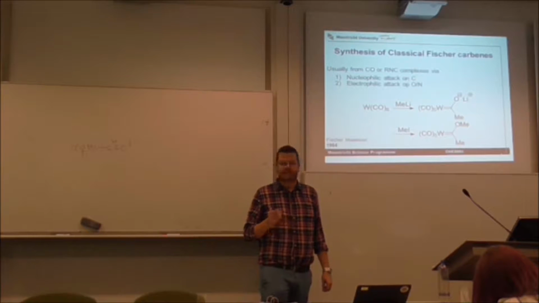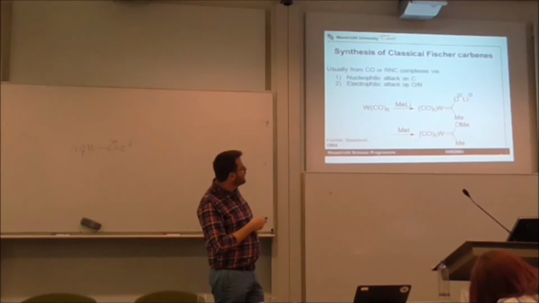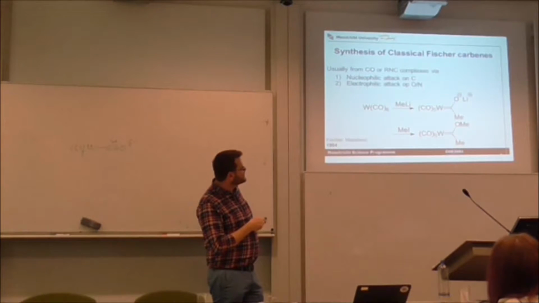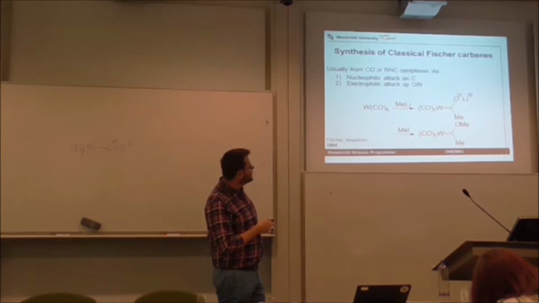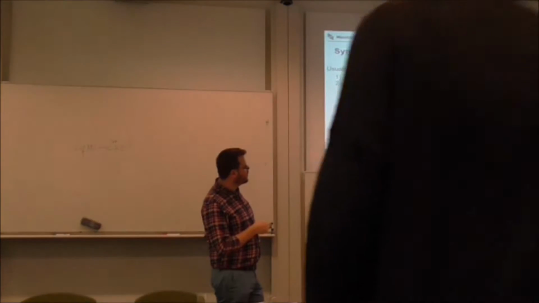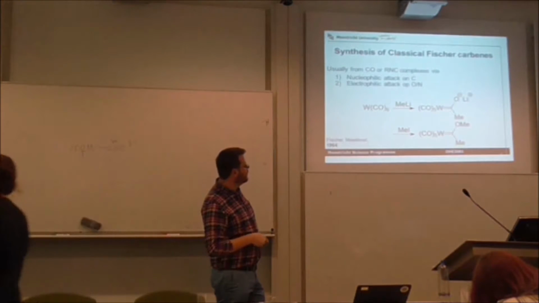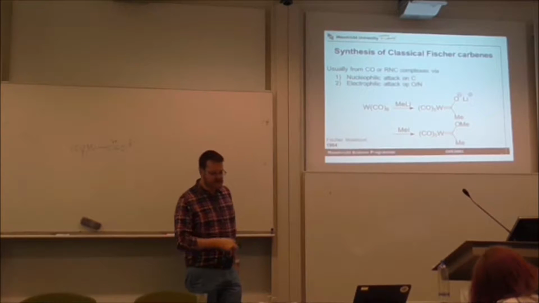You end up with this intermediate here. And of course, that's something you could store in a bottle. But what we can now do is convert that to a classical methoxycarbene, a Fischer carbene. So this is revision. We can do this in a number of ways, incidentally.